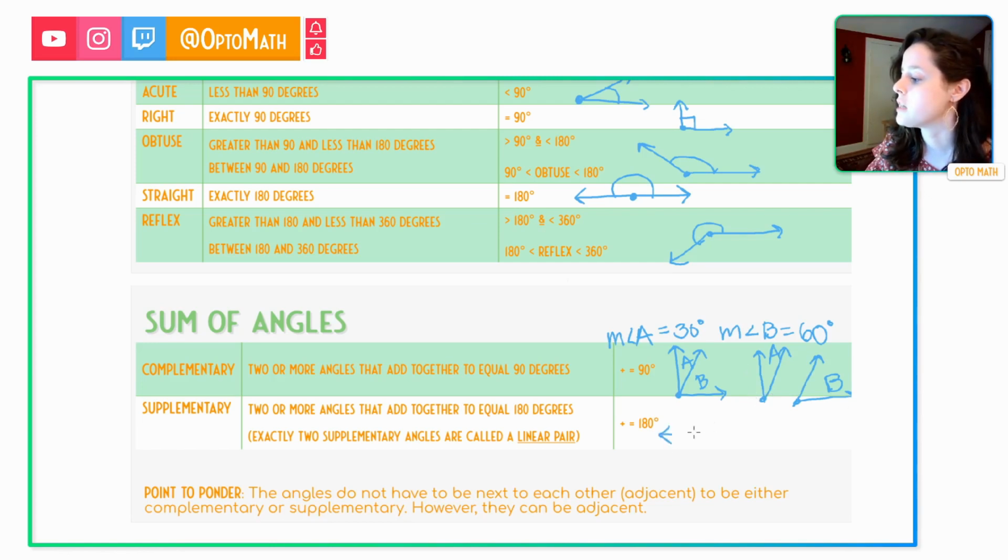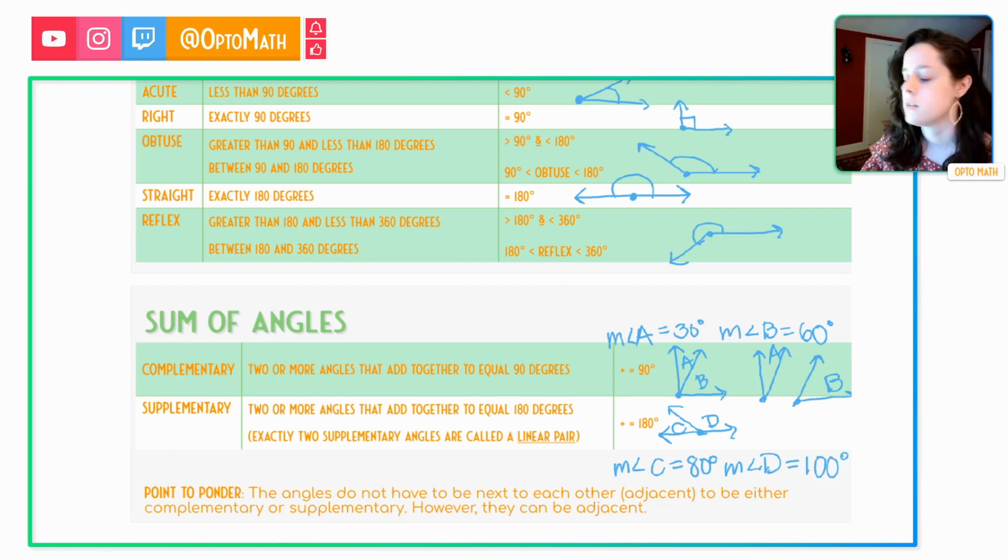I'll start with two adjacent angles. So I'll start with my straight angle, and then I'll just draw a ray that's between the two sides of the original angle. Let's call these C and D. And we can say the measure of angle C, let's make it easy, let's say that's 80 degrees. And we can say the measure of angle D is 100 degrees.